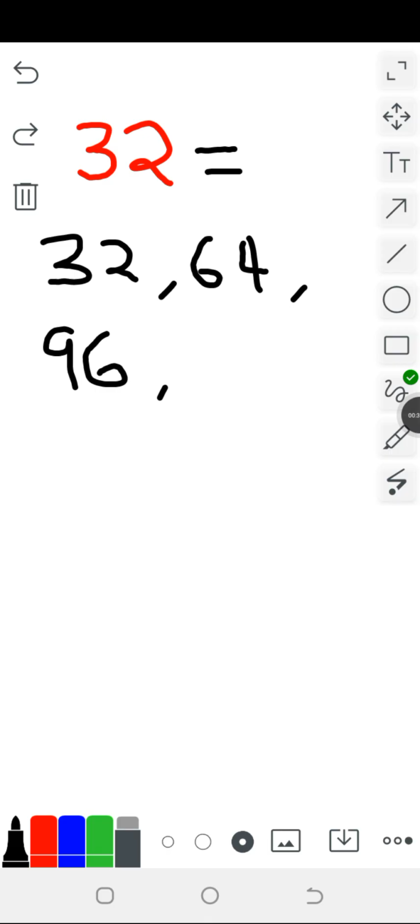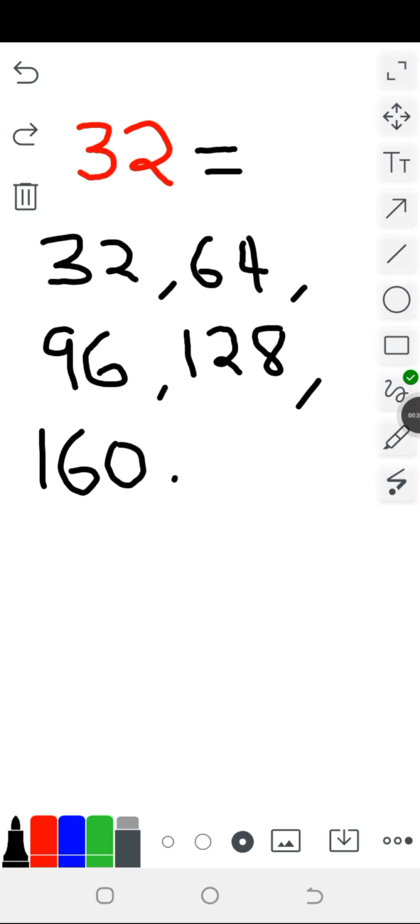Now the fourth one, times 4 will give us 128. Now let's do the next one. 32 times 5 will give us 160. Now the next one, 32 times 6 will give us 192, and so on and so forth.